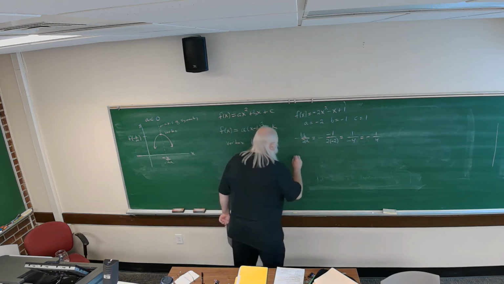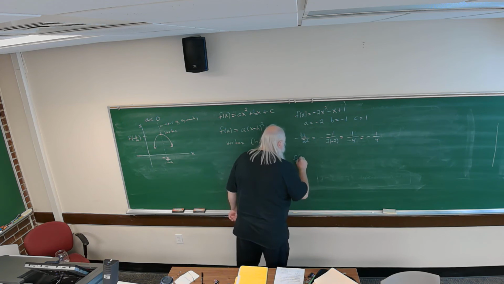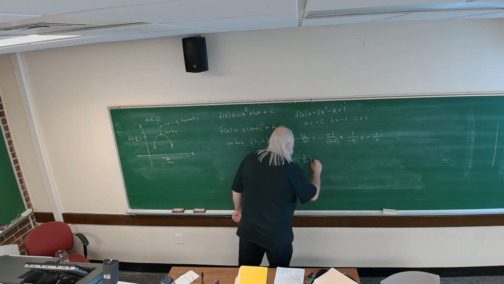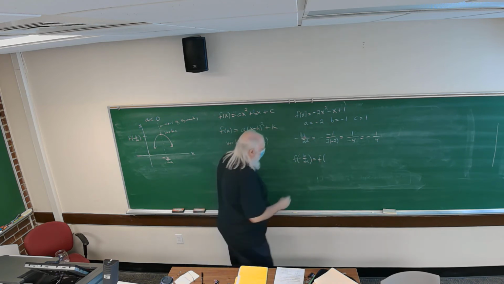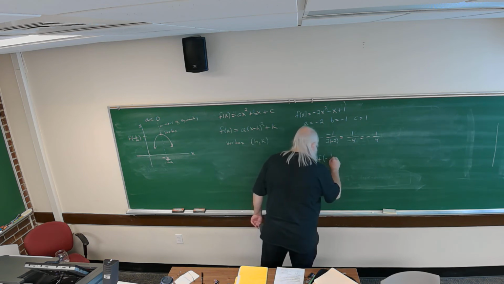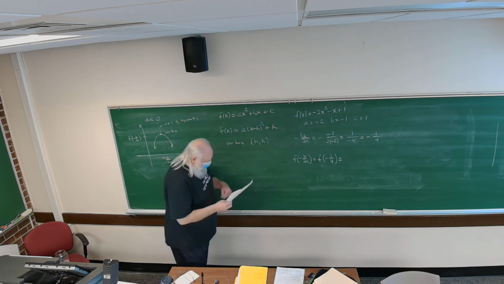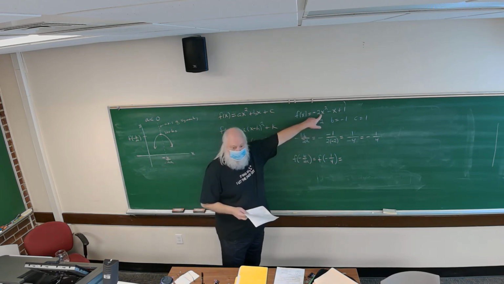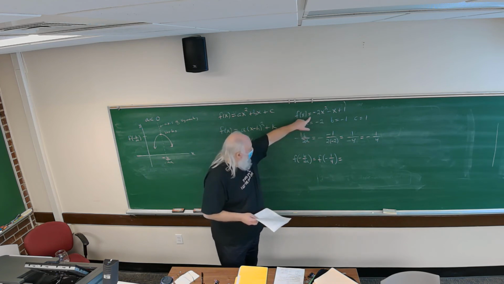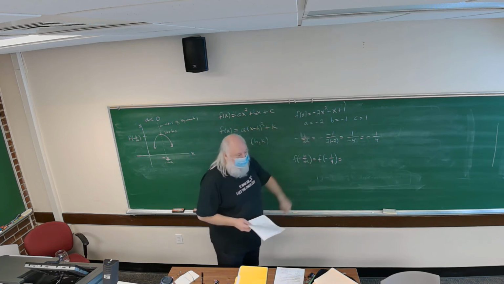The y coordinate is f of minus b over 2a. We know minus b over 2a is equal to -1/4. So to find the y coordinate, we've got to put -1/4 in for x up here. Evaluate this function at x equals -1/4.